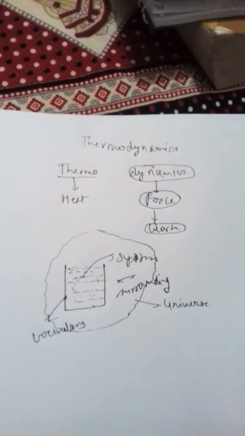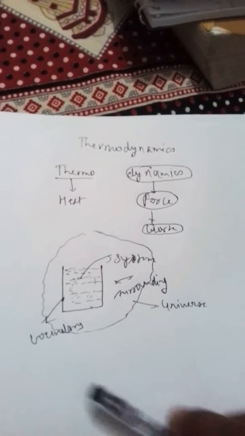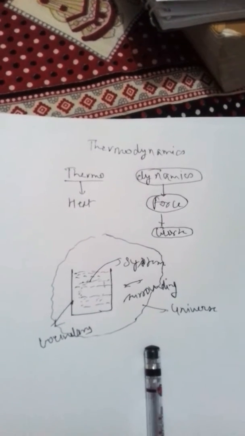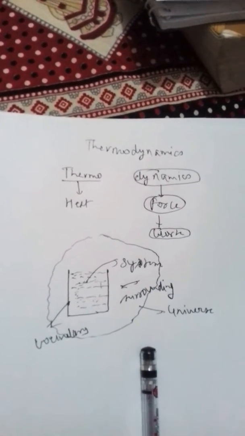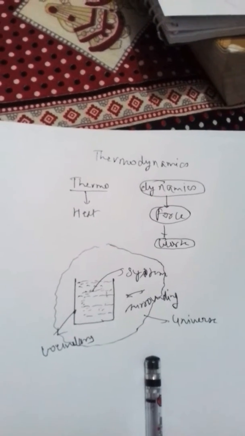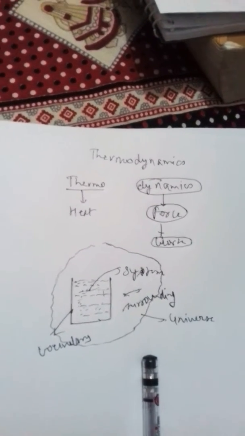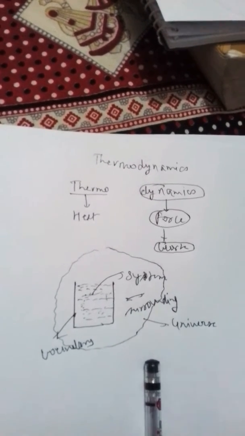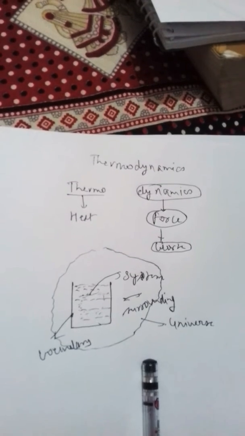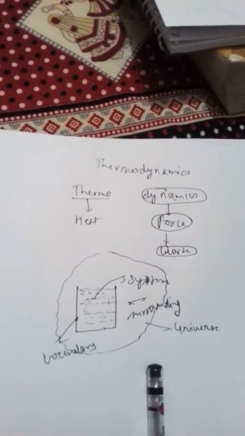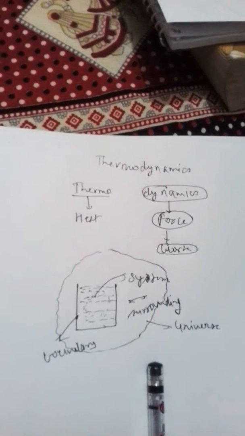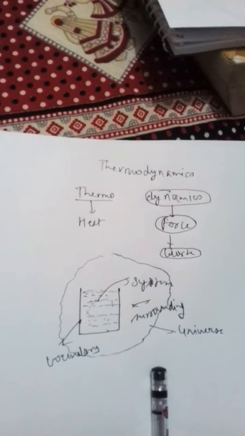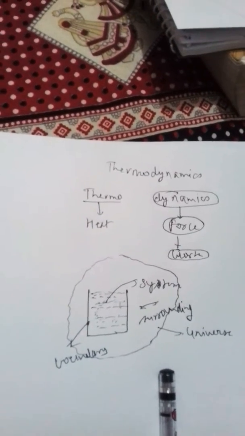So there are three terms: system, it means what we are analyzing. Surrounding, the area other than our analyzing portion. System and surrounding compose the universe, and the portion that separates the system from surrounding, of zero thickness or of finite thickness, is called boundary.